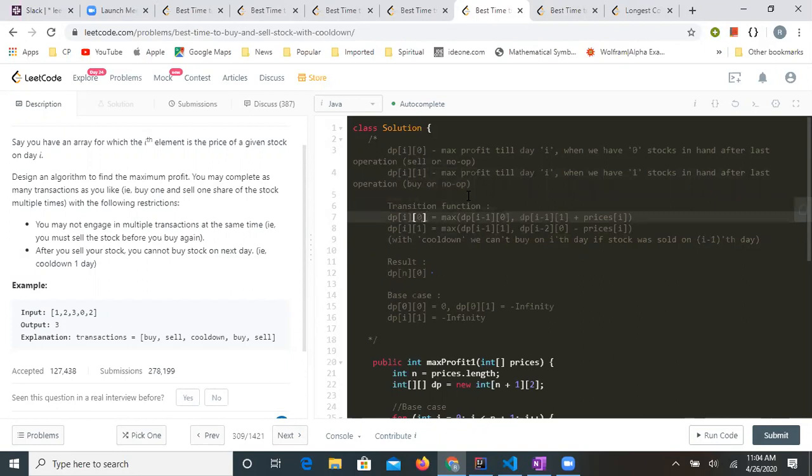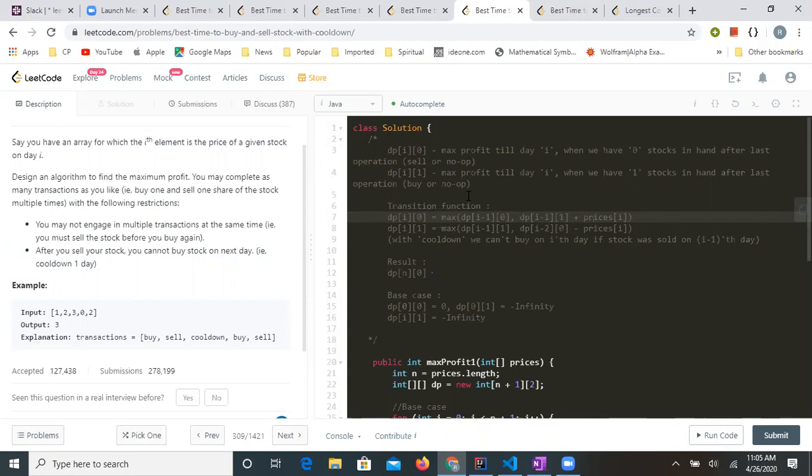So, let's talk about how I can have zero stock in hand on the ith day. I can have zero stock in hand if I already had zero stock in hand and did nothing. Or I had one stock in hand the previous day and I sold and made a profit today, right?